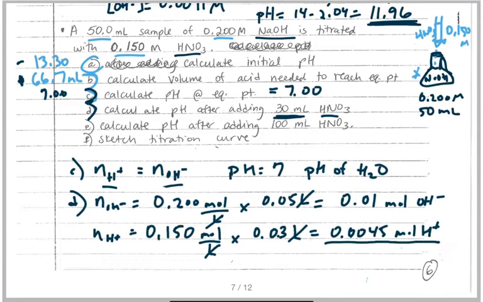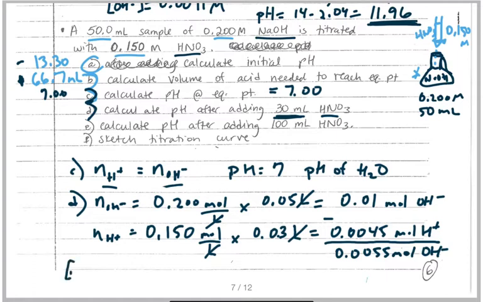So that means we have an excess of OH. If we do some subtraction here, 0.01 minus 0.0045, we get an excess of 0.0055 moles of hydroxide.